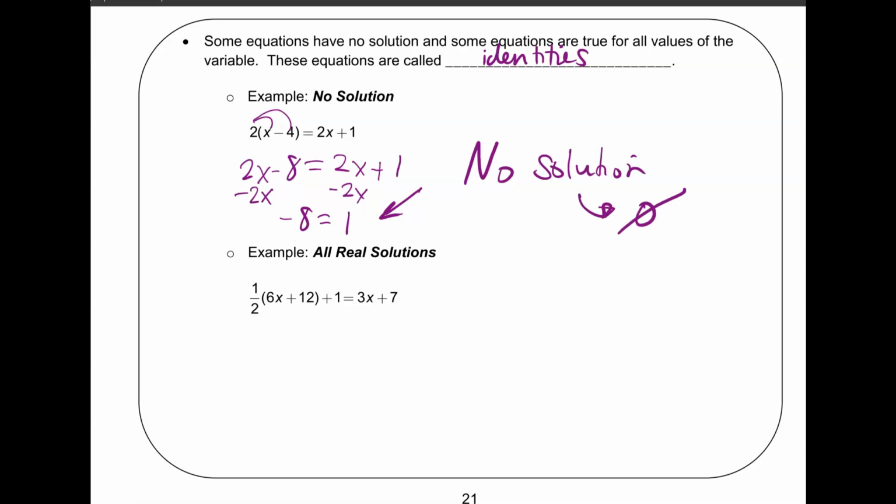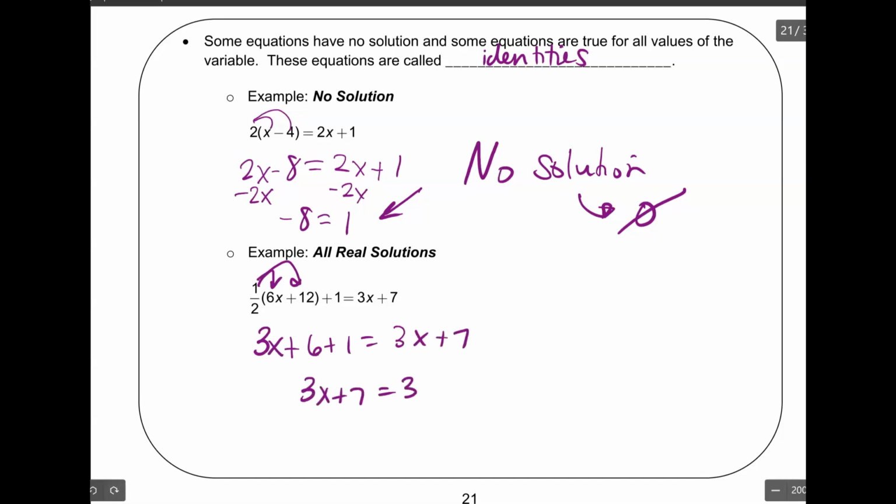It doesn't matter what value you plug in for x, it will never work. It's a no solution. Versus all real, so I distribute this out. Half of 6 is 3x. Half of 12 is 6, plus 1, plus 3x plus 7. Notice the left side is equal to the right side.